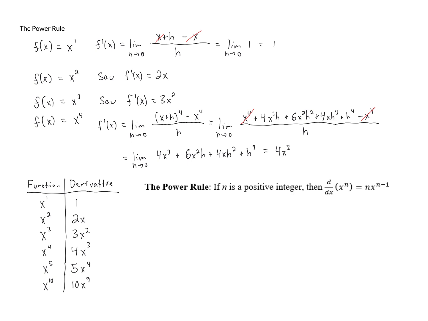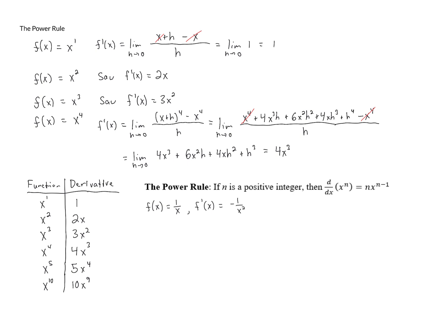I want to talk about other powers, powers that aren't positive integers, because we've seen some of these before. For example, if f of x equals 1 over x, we saw that the derivative was negative 1 over x squared.